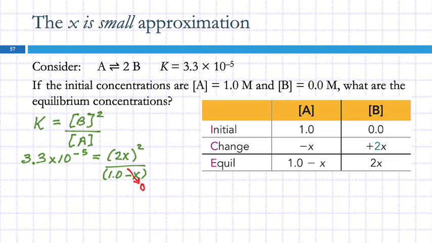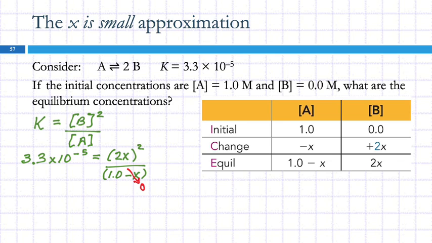And it doesn't matter if they're very, very small. That's all we have. That is significant. So the x is small approximation: we're going to take any x's that are added or subtracted in this, and we're going to make them essentially be 0. But x's that are not added or subtracted, we have to keep.